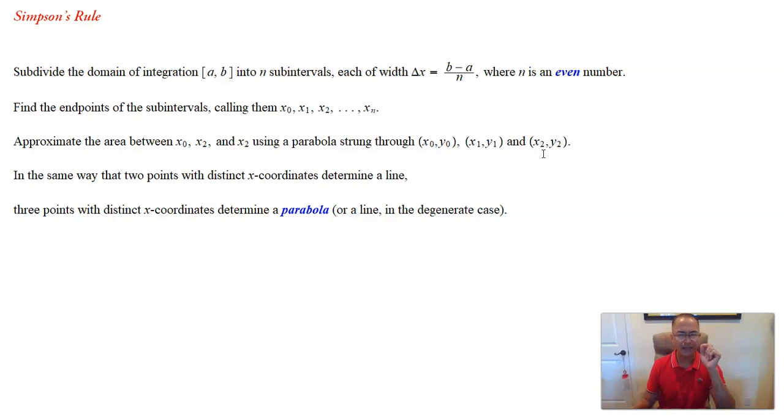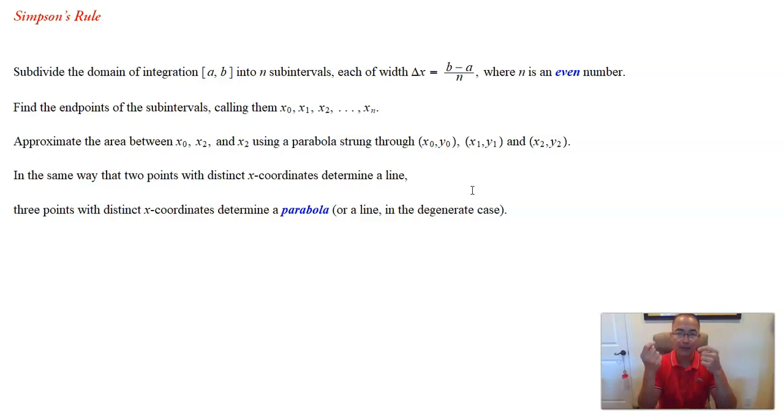And you might think, okay, is that really possible? Yes, it basically is the result of a system of linear equations, okay? When you have 2 points with distinct x-coordinates, you know that we can draw a line through those 2 points.